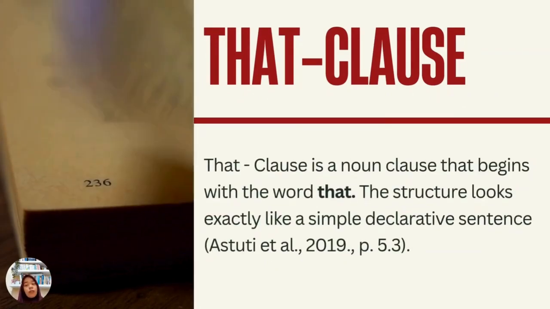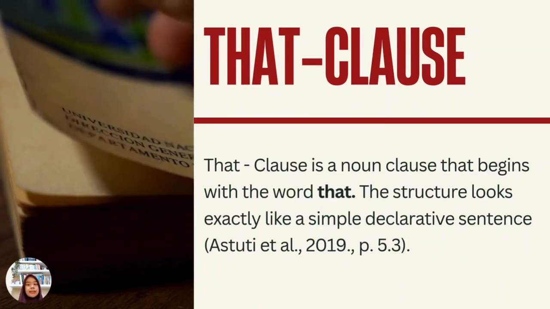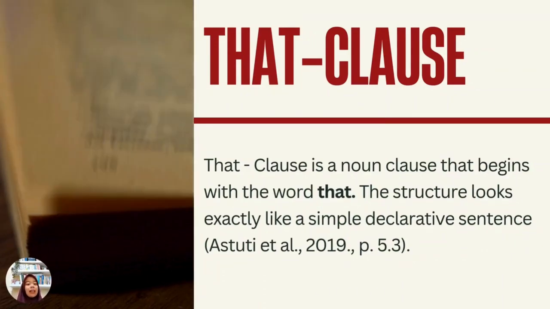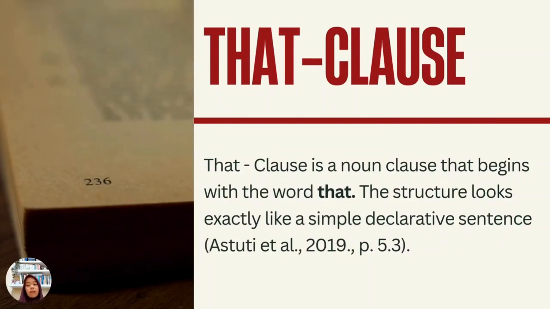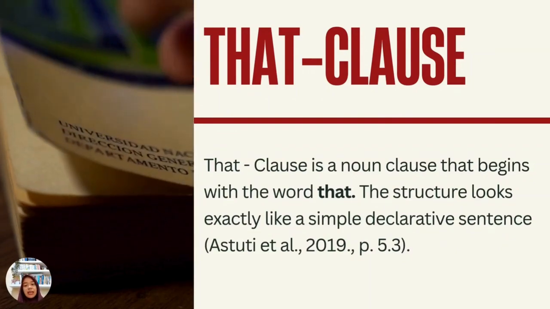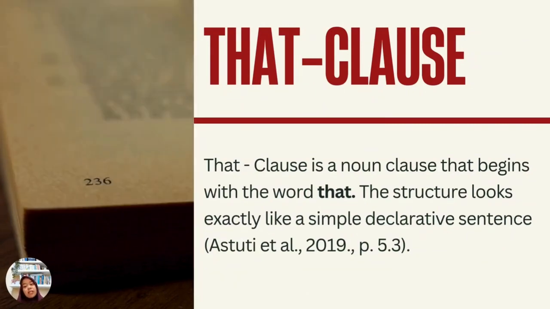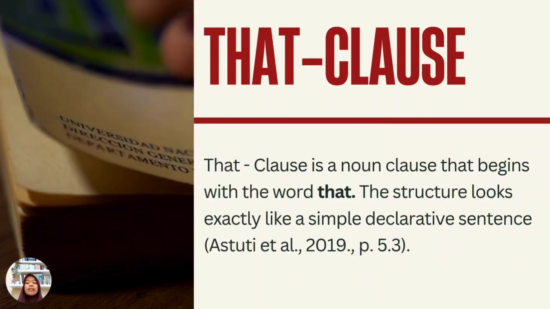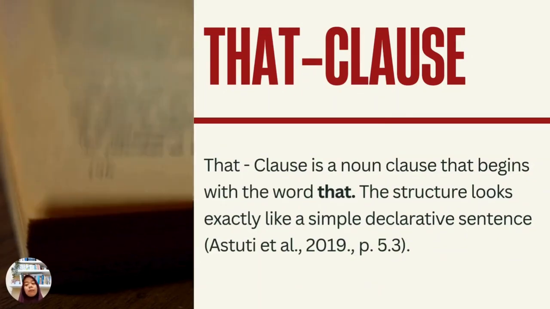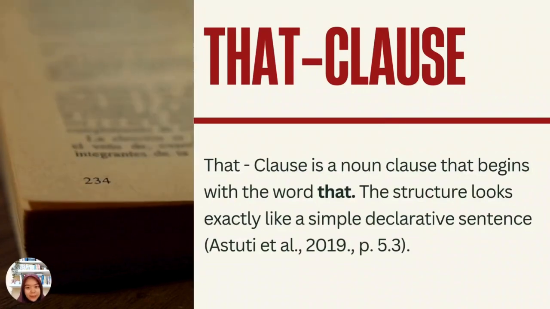Okay. Before we explore various examples of noun clauses, let's discuss the first type of noun clause. It is the that clause. As the name suggests, a that clause is simply a noun clause that begins with the word that.